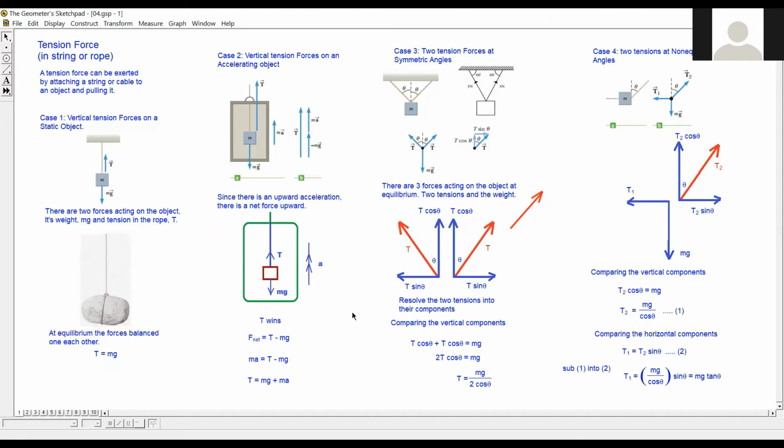But now instead of resting on the floor of the lift, where we look at the normal reaction of the lift on the object, the object is now attached to a string. The string is hung on the ceiling of the lift. So it is something like this.